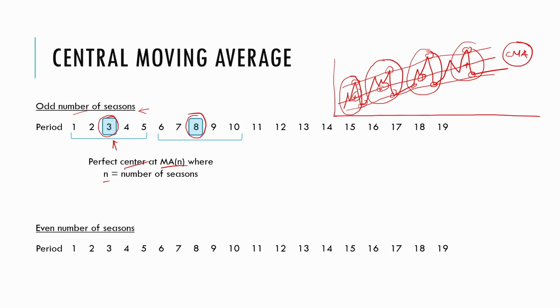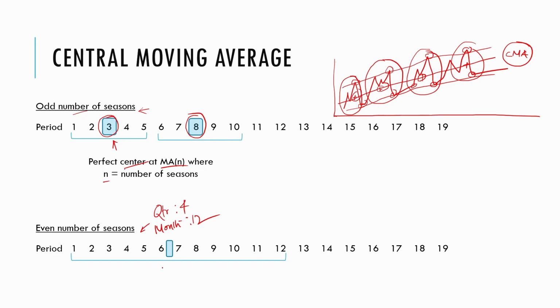But what will happen if there is an even number of seasons? For example, for quarters you have 4 quarters, and for months you have 12 months. Let us consider the monthly season. Like in our example, we had 12 months.